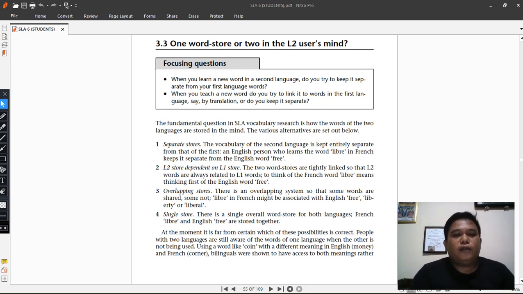And also for the L2 store dependent on the L1 store, this is the problem when you push your students to memorize vocabularies. Like when you give them a list of 20 English vocabularies, and then you ask them to remember the 20 and also the meanings. Well, you will produce L2-store-dependent-on-L1-store kind of students. So when they try to speak in English, they will consult the Indonesian first, and then translate into the second language, and then they will speak.